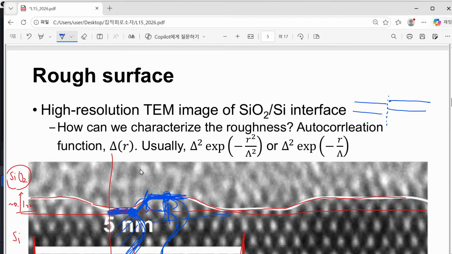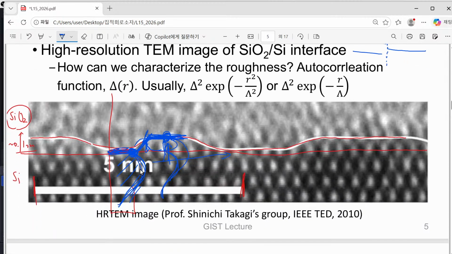So this is the main physical mechanism to reduce the mobility. Okay, so it can have a quite significant role in this position.